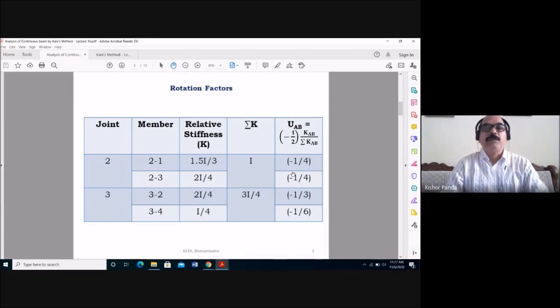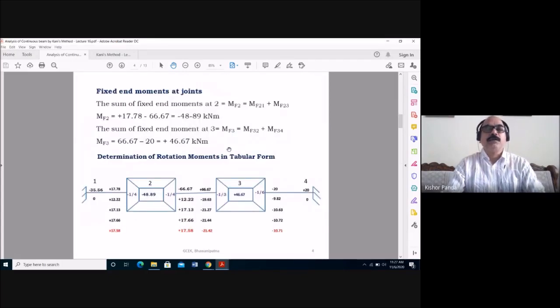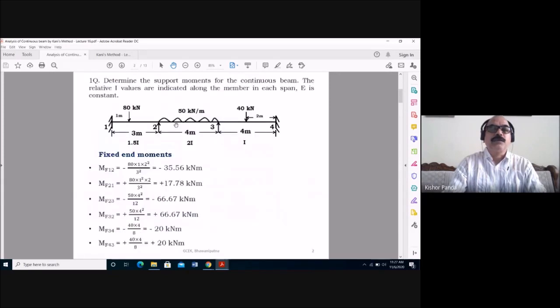Okay, so after calculating the rotation factors, what is the next step? Then you have to find out the rotational moments. Using these rotation factors, you have to find the rotational moment. For this, you need the sum of the fixing moments at 2 and the sum of the fixing moments at 3. You know the fixed end moments MF21 and MF23.